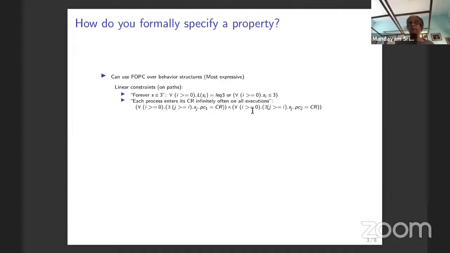And similarly for the other process. So what I'm saying is that infinitely often means that for every position, there must be a future position at which the process PC is equal to CR. You see the point I'm making? This is how first order predicate calculus can be used for specifying linear constraints.